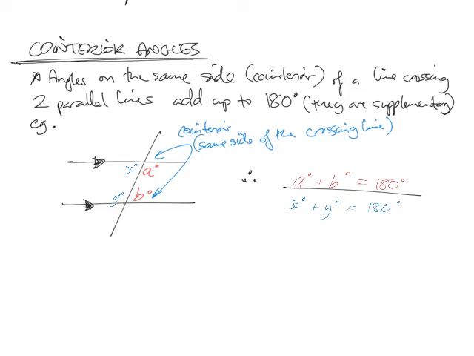And just for interest's sake, if you look at the rules above, you'll notice that B is alternate to X, and alternate angles are equal. And A is alternate to Y, and alternate angles are equal. So this cointerior angle rule actually comes about because of the previous rules.